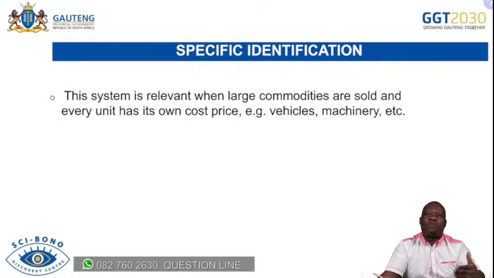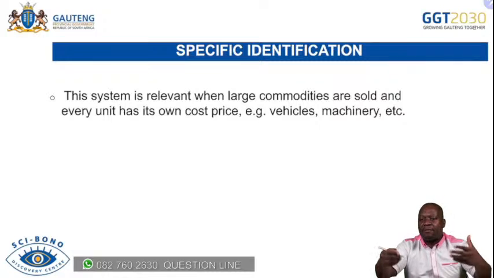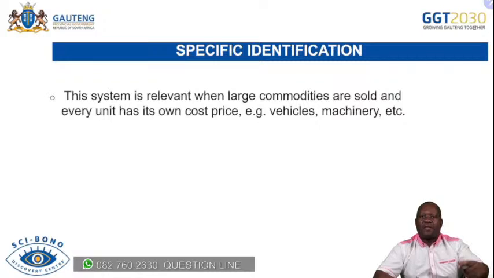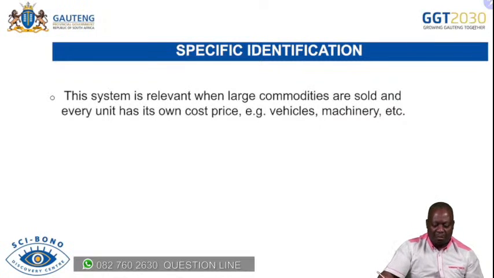Even if they are the same year model and have the same features, they will never have the same cost price. So every vehicle is unique, and because every vehicle is different from the other one, the cost price is unique. Therefore, we can easily specify which vehicle we are talking of. We also use it for things such as machinery. We can talk of jewelry.